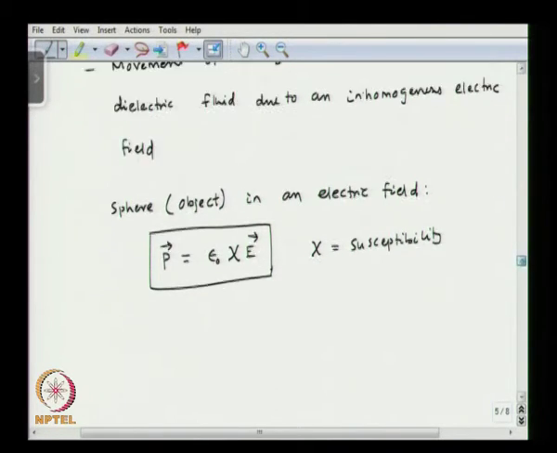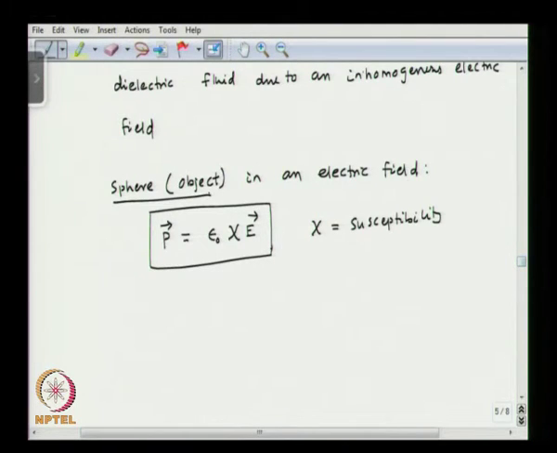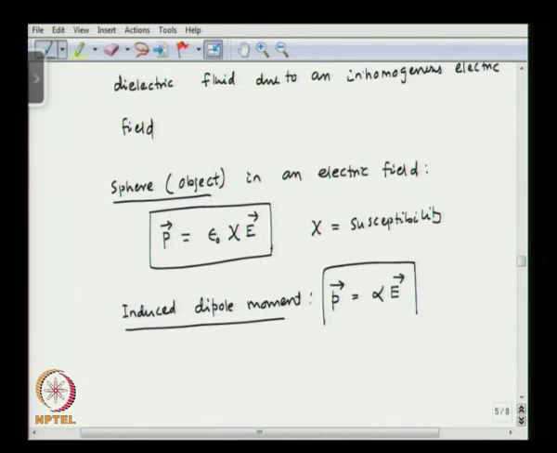Now, when this object or sphere gets polarized, we would have the induced dipole moment, p, equal to alpha into the electric field, and alpha is the polarizability.